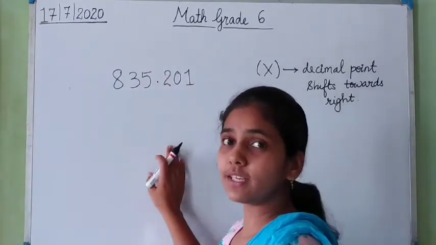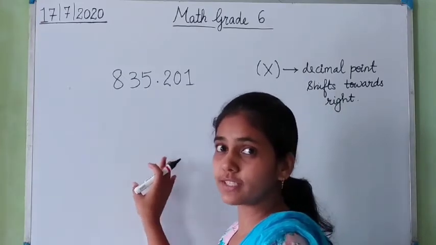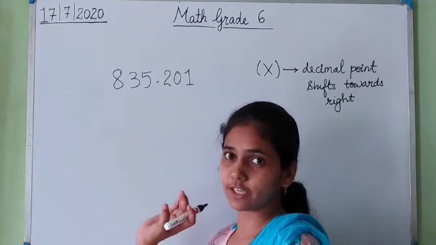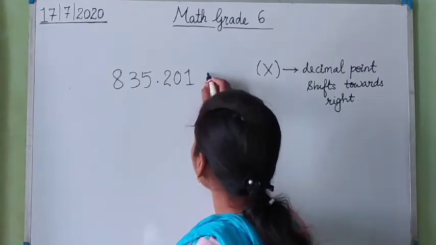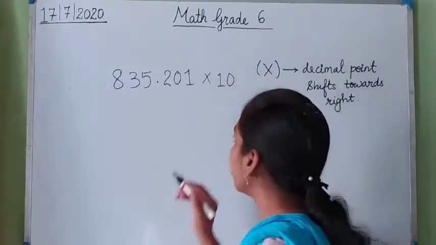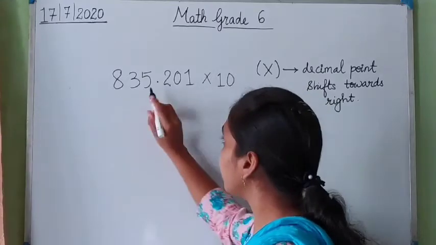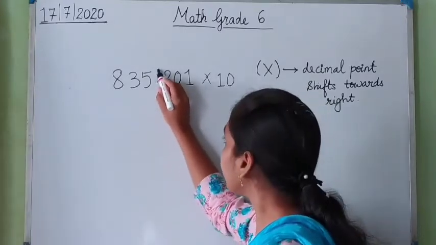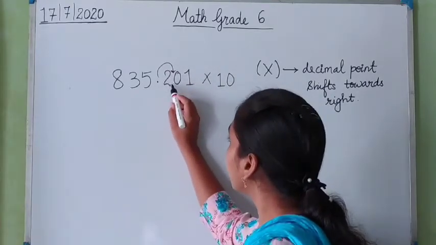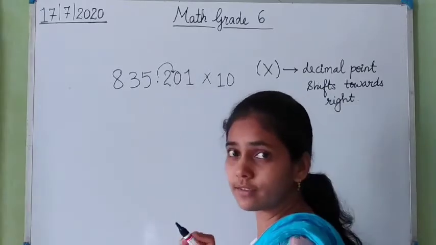But how many digits to the right? The number of digits is equal to the number of zeros in the multiplier. If we are multiplying this number by 10, how many zeros does 10 have? It has only 1 zero, right? So the decimal point is going to shift one digit towards the right, between 2 and 0.